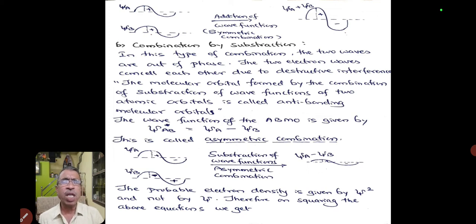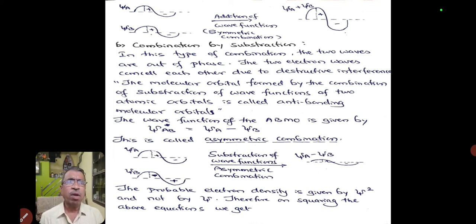If a positive sign of the amplitude adds to a positive sign of the amplitude, it results in additive combination. So in the diagram, the amplitude of the wave increases. This type of combination is also called symmetric combination.